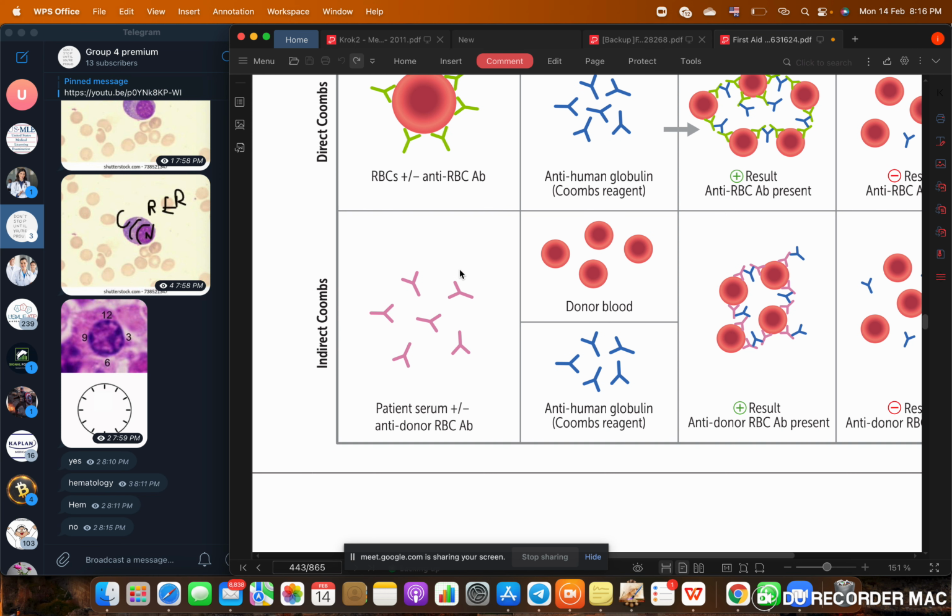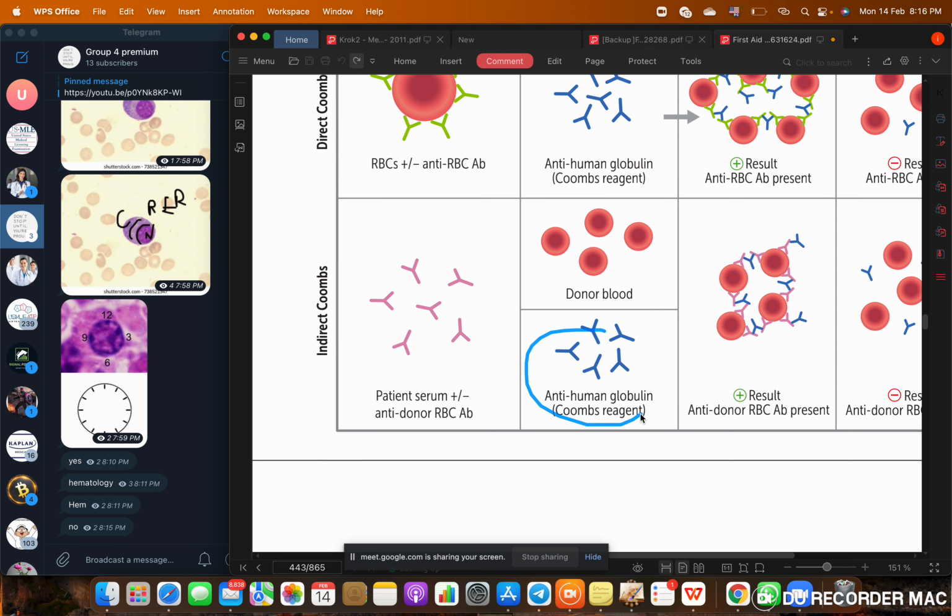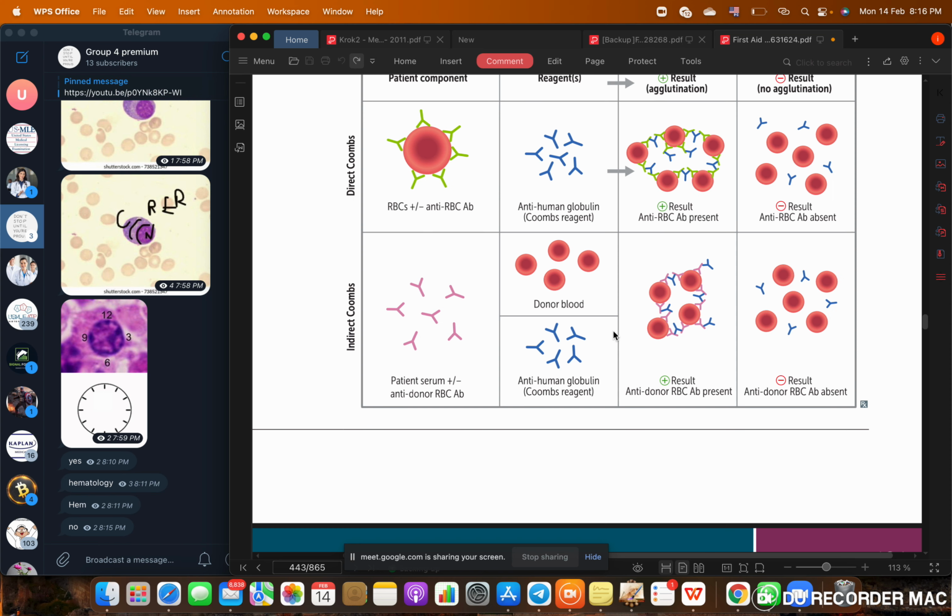You take from the patient his serum, not the RBCs. You bring the donor blood and you give the reagent. If the patient does have antibodies in his serum, agglutination will occur. If he does not have the antibodies, nothing will happen. Okay? So if he has the antibody, you will get an agglutination reaction.